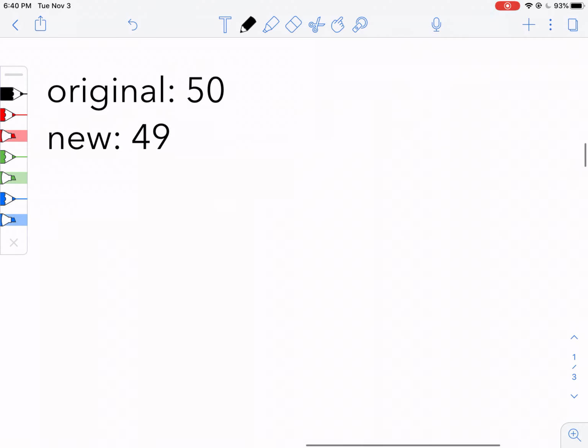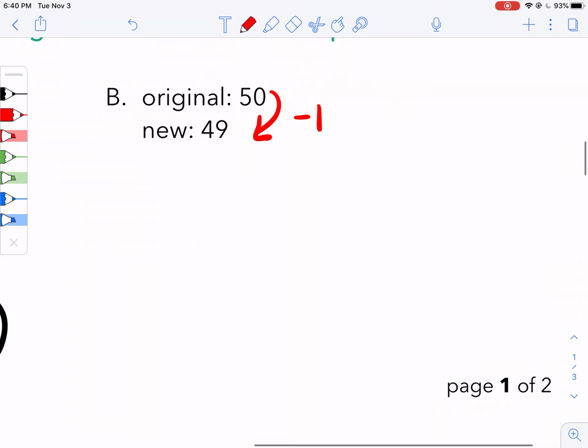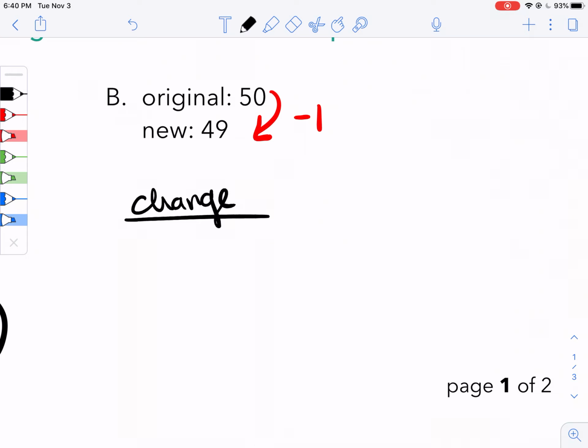Now we need to find this percent of change. Oh no, we went from 50 down to 49. That's a decrease of 1. We went down 1. Shooties magooties. Again, we need to find our change over our original. What was our change? Well, our change was -1.